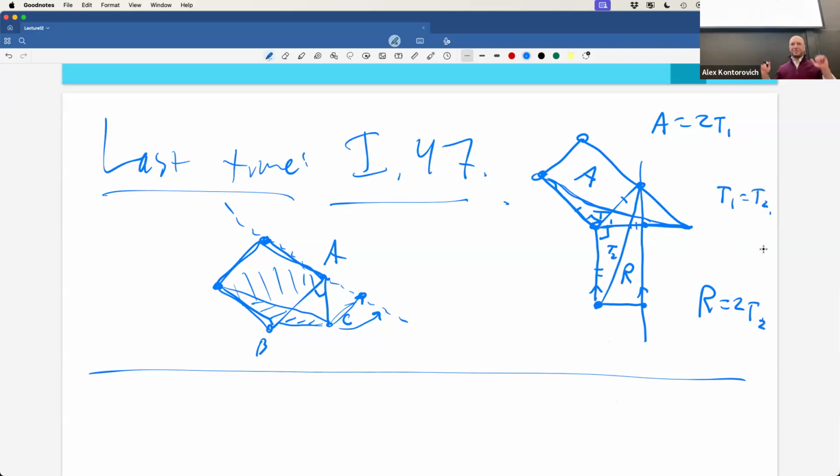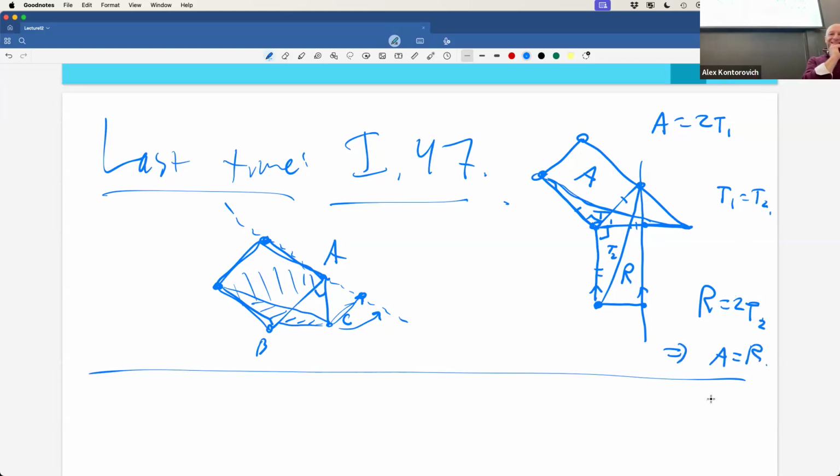That's the proof. So the rectangle in relation to the triangle is double, just like the square. So these things all together tell us that the area of this square A is the same as the area of the rectangle. Wonderful.